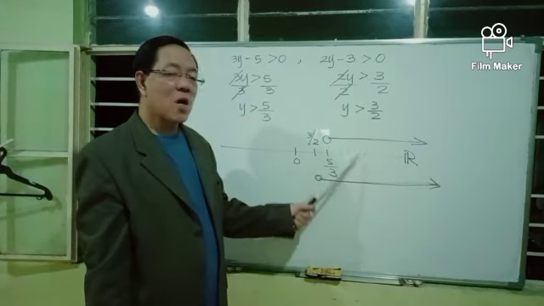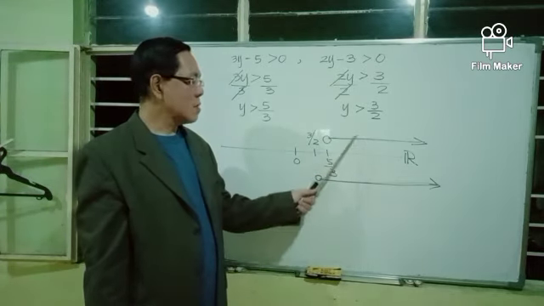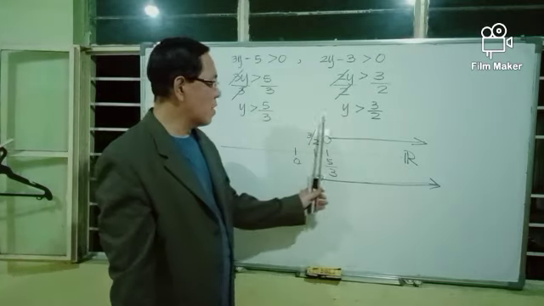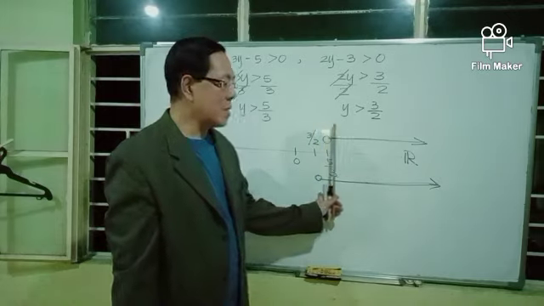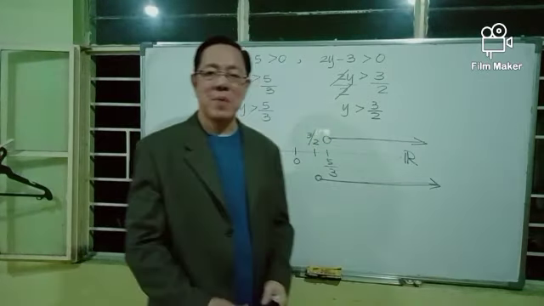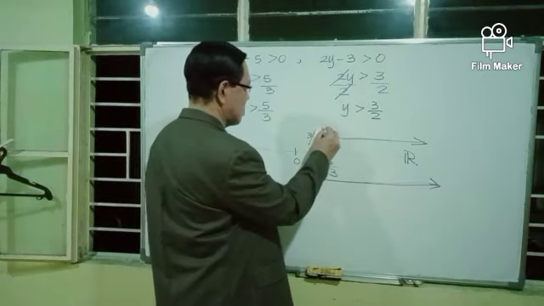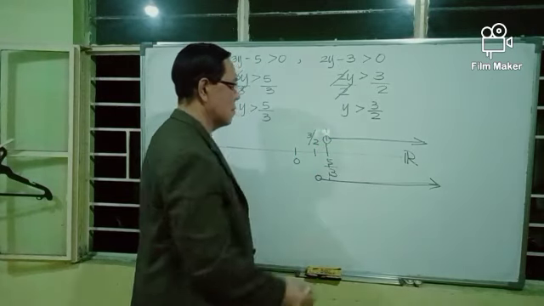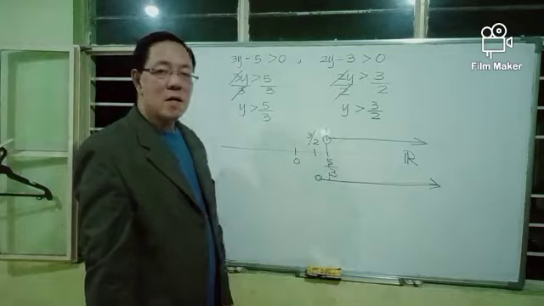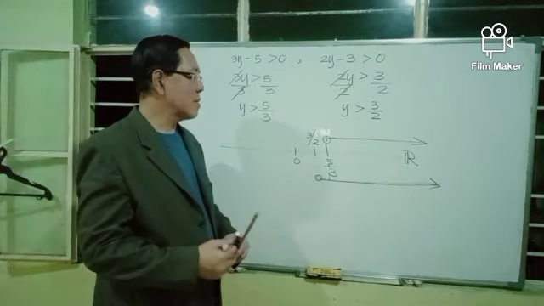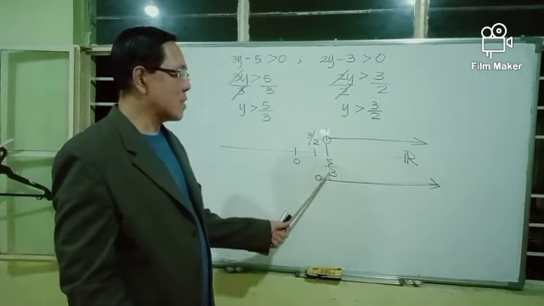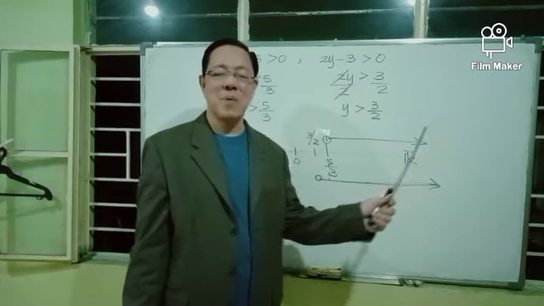And the real numbers common to these solutions are the real numbers from 5 over 3 up to positive infinity. Thus, the solution for case 1 is the set of real numbers from 5 over 3 up to positive infinity.